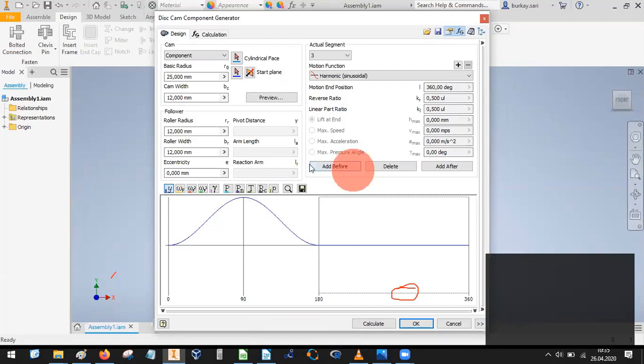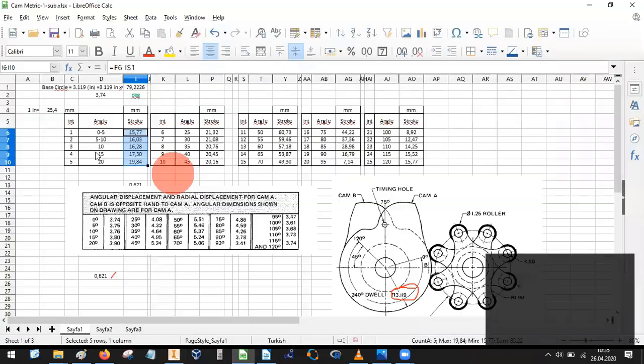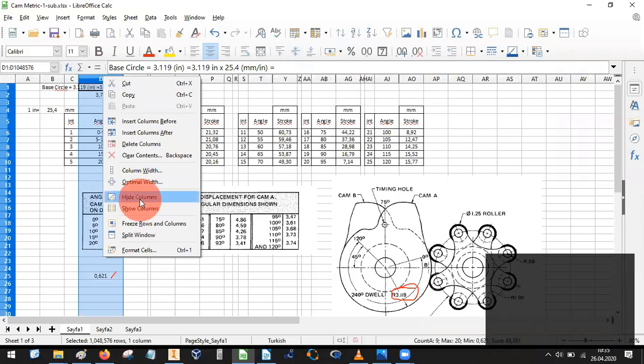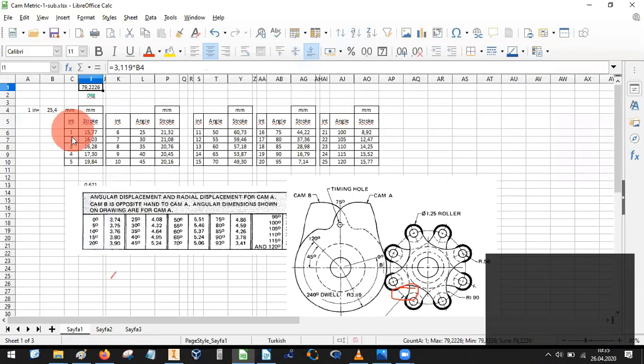Here, what I'm going to do is, I have 25 segments here. I will make all the entries. First, I'm going to create 25 segments.